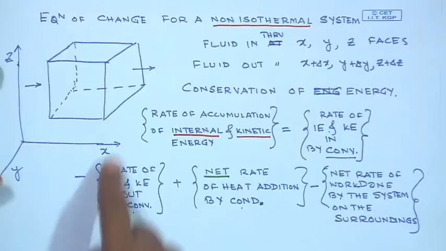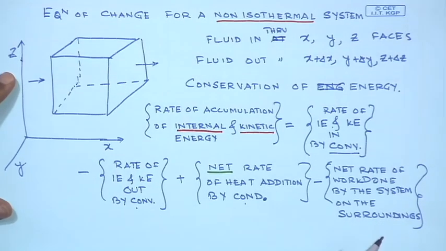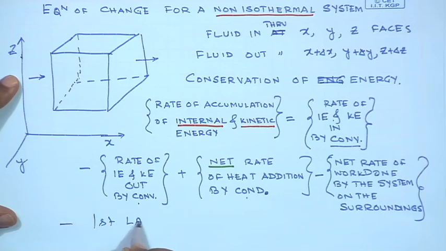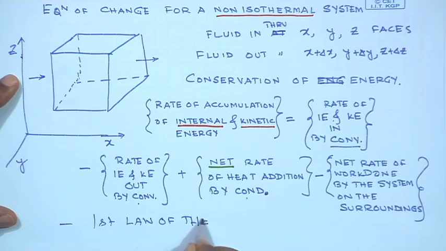If it is by the system, it will be negative. If it is on the system, it is going to be positive. So, this equation, what you see over here, is nothing but the first law of thermodynamics for an open system.